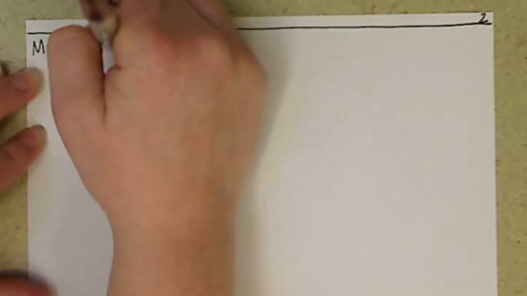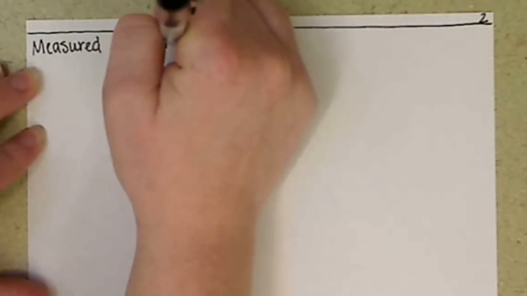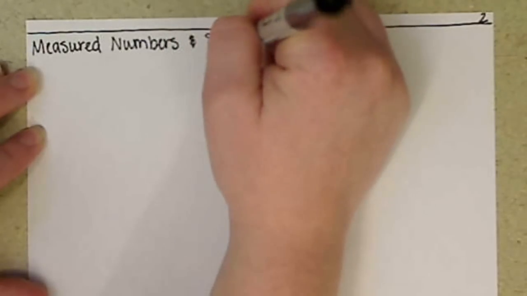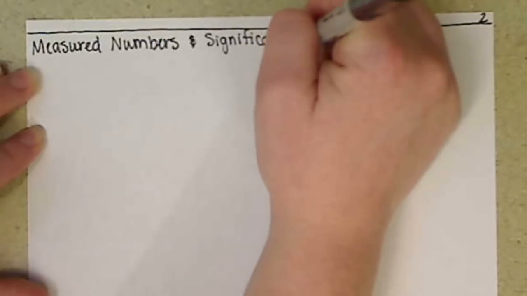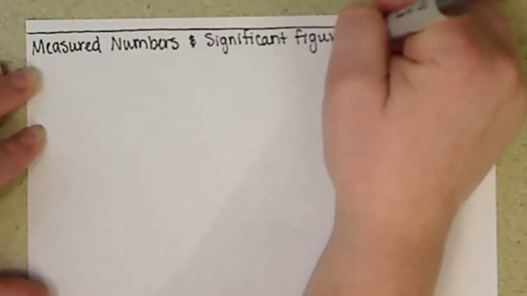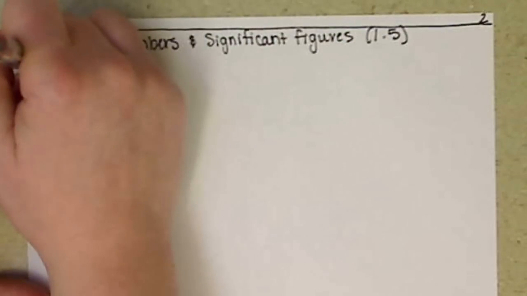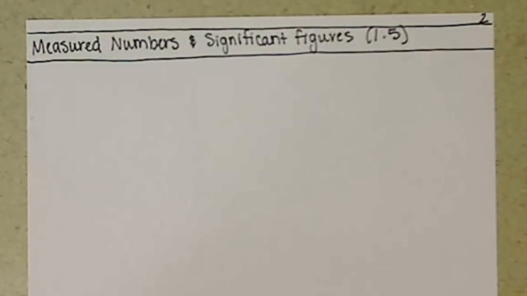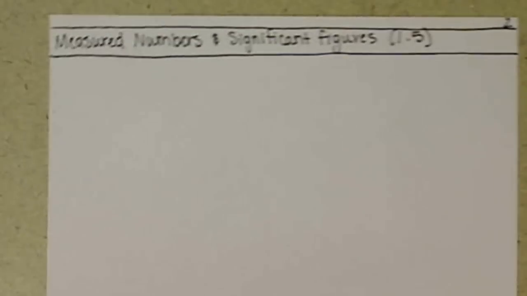So remember, I reserved the top portion of my paper for just some navigation headings, and then we're going to cover our measured numbers and significant figures. And again, this is section 1.5.